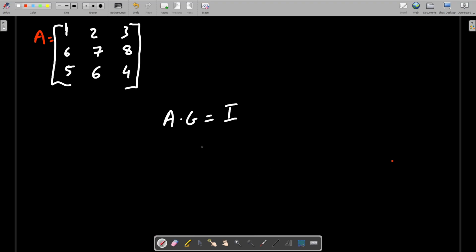If A G is equal to I, this implies that G is equal to A inverse. Yeah, this also requires the other condition that G into A should be equal to I. Only then can you say this, otherwise it will be only the right inverse or left inverse.